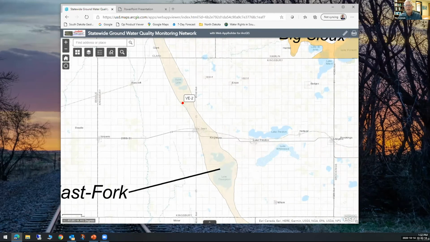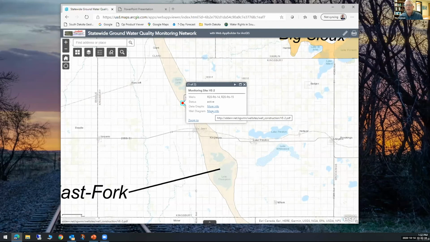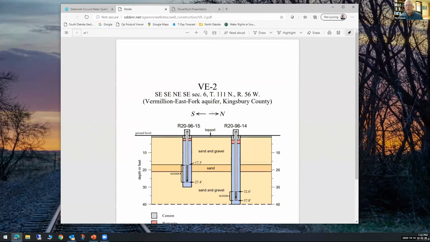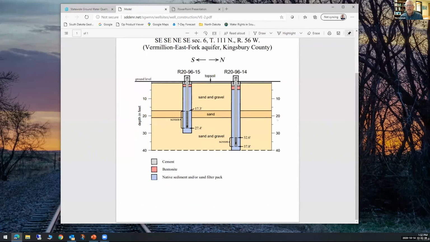So this time I'll click on the red dot instead of the aquifer, and now I get information about that monitoring site. And I can see there's 2 wells at that site. If I click on the well diagram information, it shows me precisely how those wells are constructed, how deep each well is, and where the screened interval is for each well.